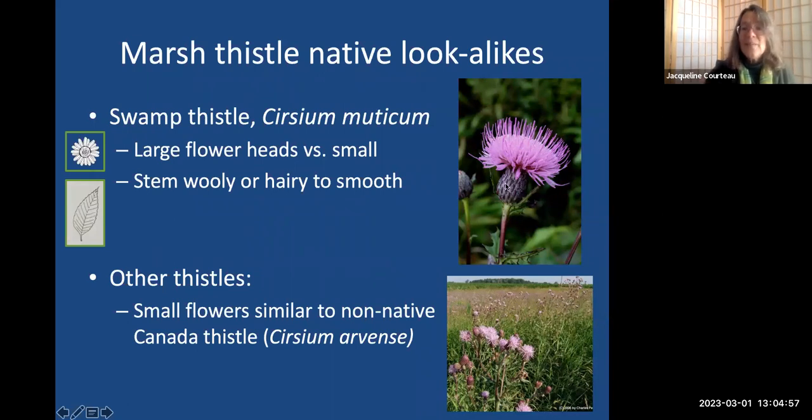Now you want to be careful testing that because if it's not swamp thistle, some of the non-natives that have big flower heads are really prickly, such as bull thistle, but Cirsium muticum can be really distinctive, certainly those really big flower heads. If you see a really big flower head, it's not the non-native marsh thistle. Although bull thistle, another non-native, does have big flower heads, and there you'll have to compare vegetative characters. And then one of our really nasty invasives, Canada thistle, Cirsium arvense, has similar small flower heads, but not quite as prickly or bristly a stem.